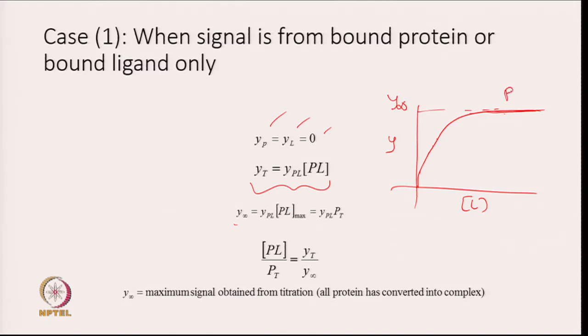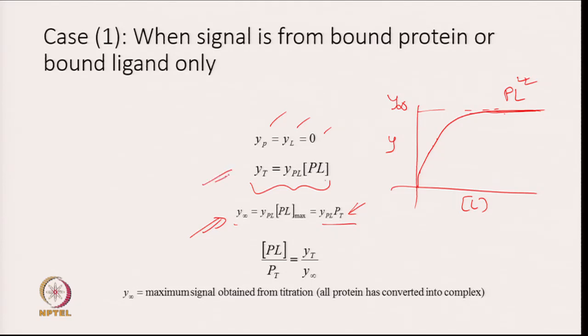This is the maximum amount of PL which can form, and PL max will be equal to total protein concentration, because when PT is equal to PL max, no more complex is getting formed; all the protein has gone to complex form. So, Y infinity is equal to YPL into PT.